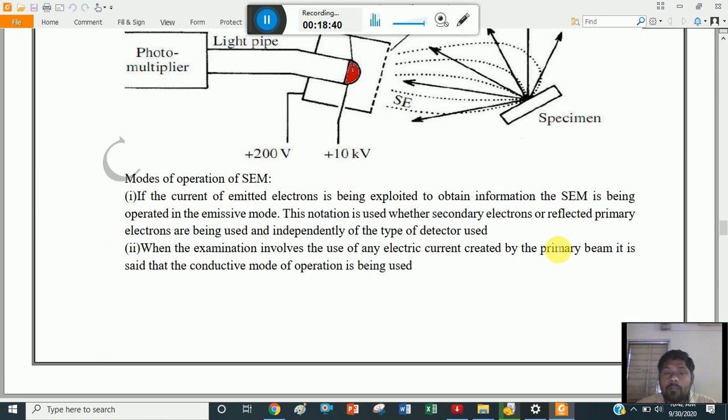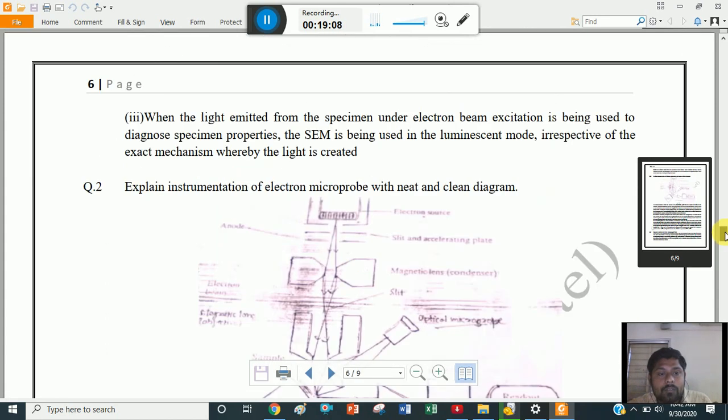The beam of electrons received from the source that penetrates the surface of the sample is called the primary beam of electrons. But after that, the beam of electrons ejected from the sample surface, transmitted from the sample surface, is known as the secondary beam of electrons. So please keep in mind the difference between primary and secondary beams of electrons.